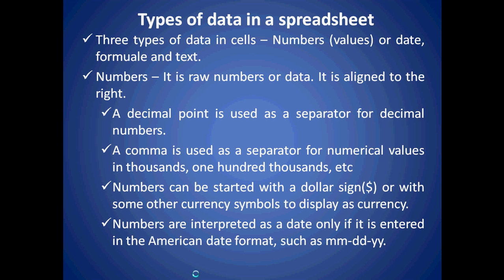A comma is used as a separator for numerical values in thousands. We can also use a rupee or dollar sign, and the number will become a currency format. Numbers can start with a dollar sign or some other currency symbol to display as currency.